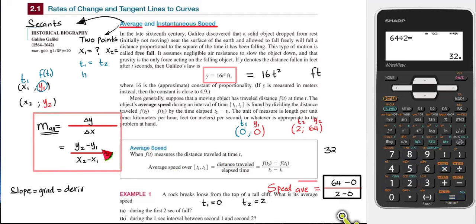Remember, at the top you've got the Y. Go back and trace Y. There's Y. Y is measured in feet. That means at the top it will be feet over. At the bottom we had 2 minus 0, which was time, and time was in seconds.